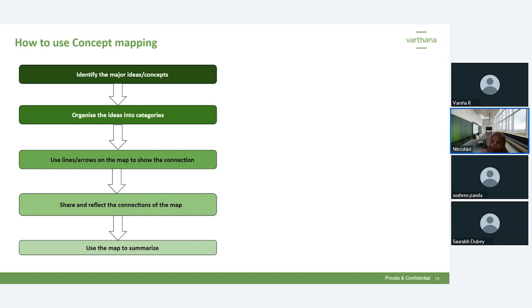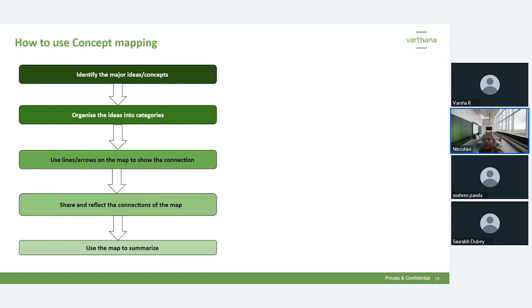Then we organize these ideas into different broad categories, where in each category information will be mapped under it. Again, we will be using a flowchart, with lines and arrows to connect these categories to understand which is connected to which. And then we will share and reflect on the connections of this particular map.